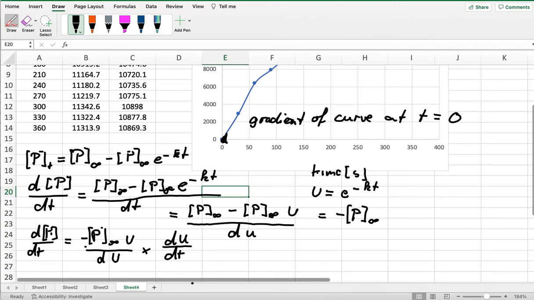So that would be our chain rule here. And we have done this first part here.